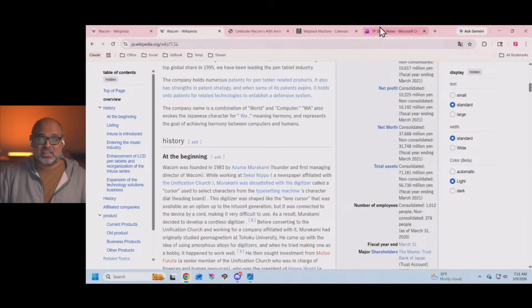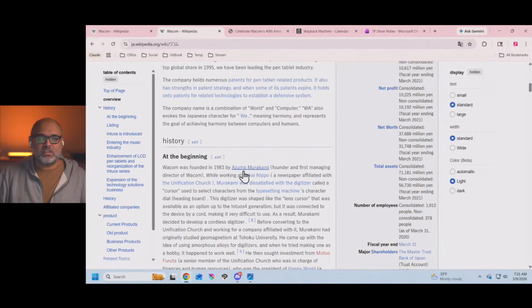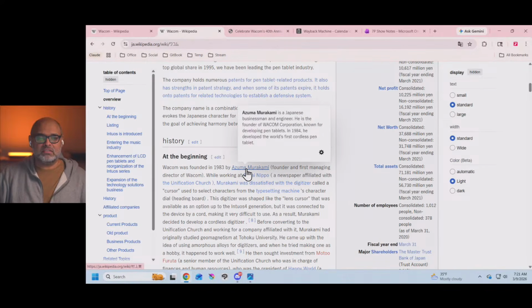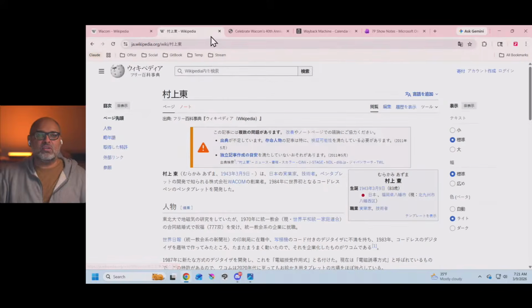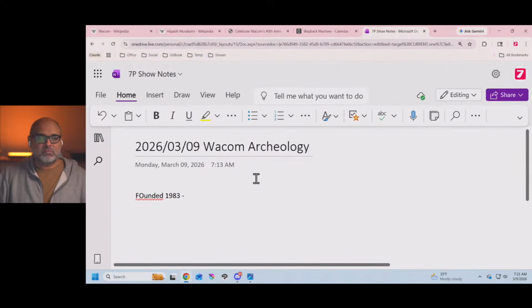So let's get that on the timeline real quick. Founded in 1983 by Azuma Murakami, founder and first managing director. If I'm mispronouncing that, please, someone let me know. What was it again?